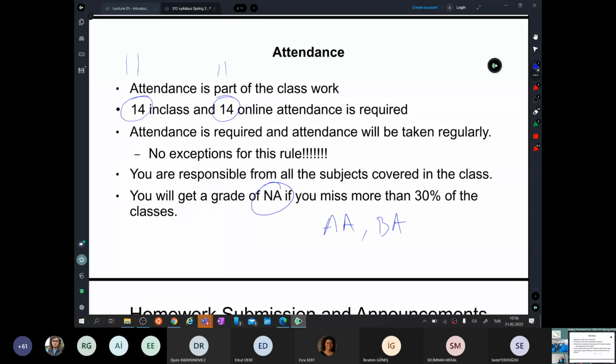But the university rules also say that if you took this class previously and got a grade of FF, that means you have already satisfied this attendance rule in your previous years, then you don't have to attend the courses. That's the rule. So those of you who got an FF previously from this course, these rules are not valid for you.